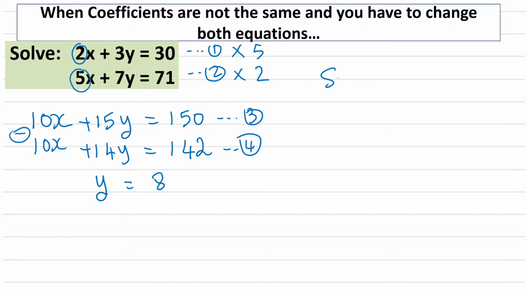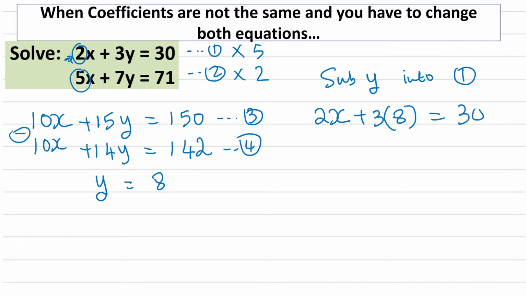Now I'm going to sub y into equation 1. From equation 1, we got 2x plus 3y equals 30. I know my y is 8, so I'm going to put 8 in there. This will give me 2x plus 3 times 8, which is 24, equals 30.